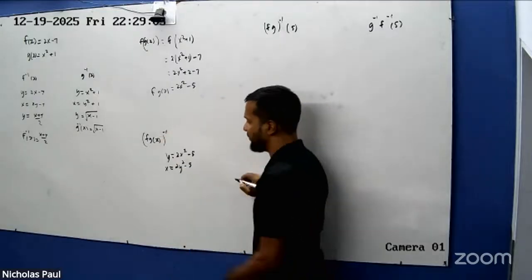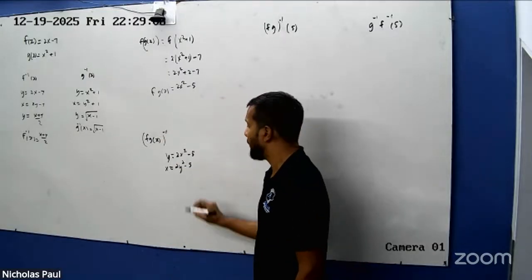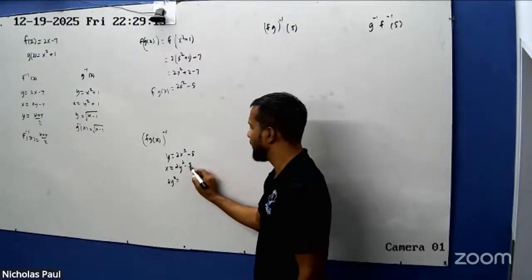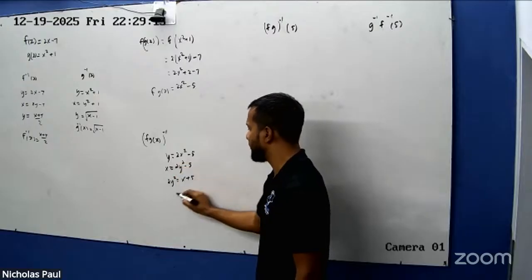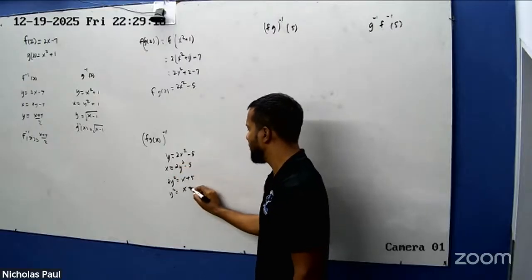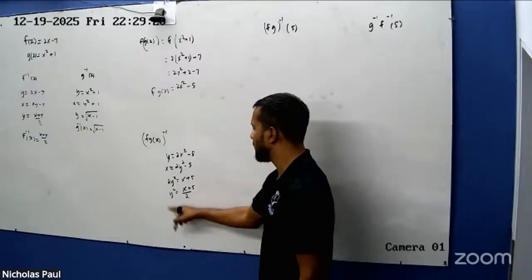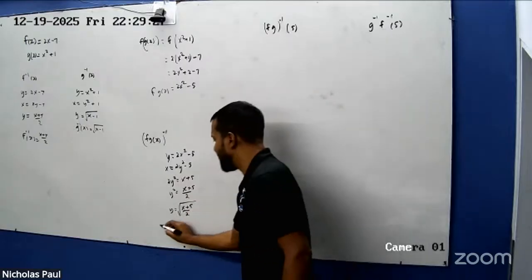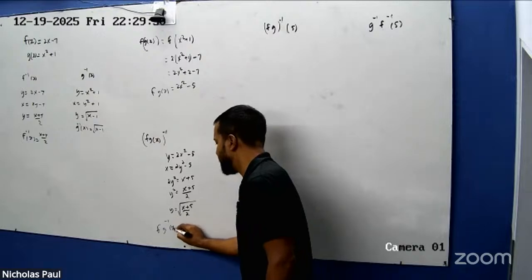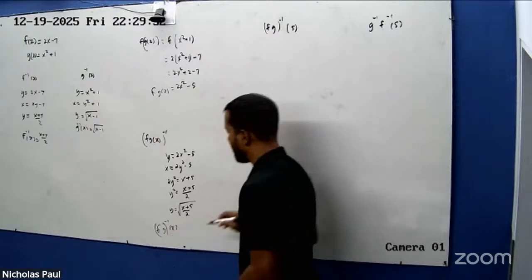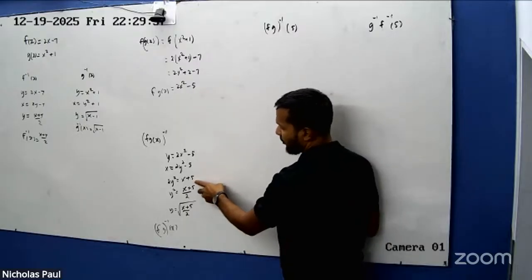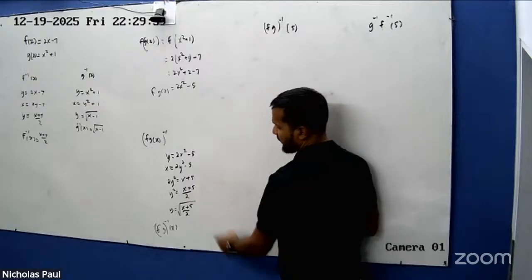I'm just finding the inverse. Here, we're going to make y the subject. So you'll get 2y squared, move across the 5, x plus 5. Y squared is x plus 5 over 2. Y is the square root of x plus 5 over 2. So this here is f of g inverse x. That's where we simplify the inverse of this. So you carry across the 5, you carry across the 2 and the square root.